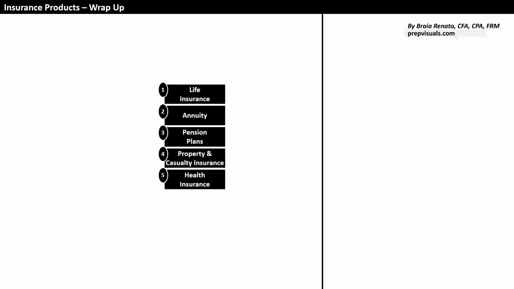And from a testability perspective, an important takeaway is to understand the major risk associated with these products. In the case of life insurance, the major risk is mortality risk, meaning to die sooner than predicted in mortality tables.